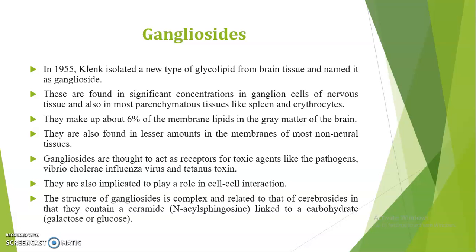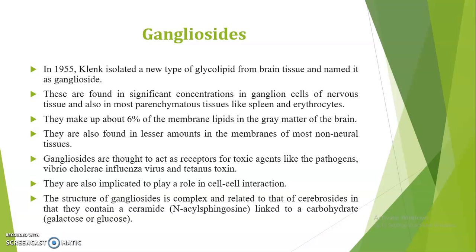Cerebrosides, or glycosphingosides, mainly consist of the sphingosine molecule. Here, instead of sphingosine, they mainly consist of ceramide, which is N-acyl sphingosine, linked to the carbohydrate, galactose or glucose. So this is the basic difference between cerebrosides and gangliosides.